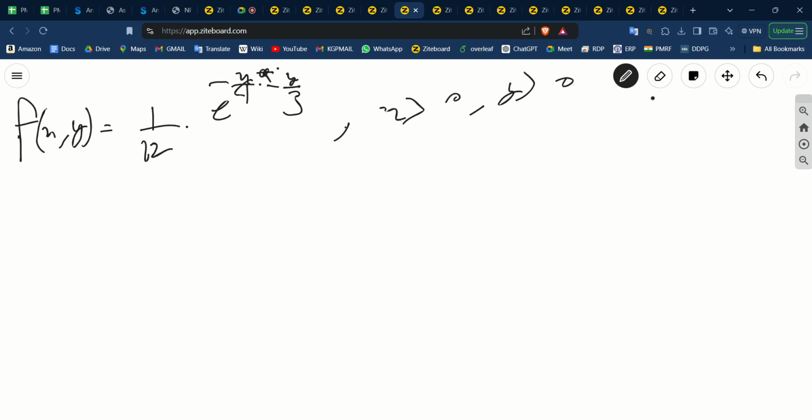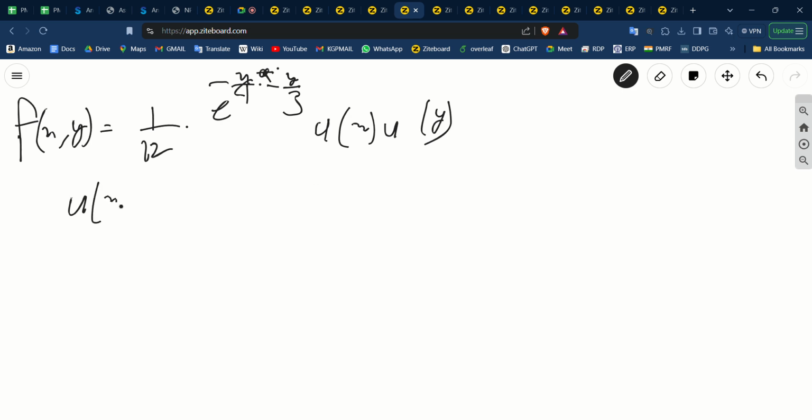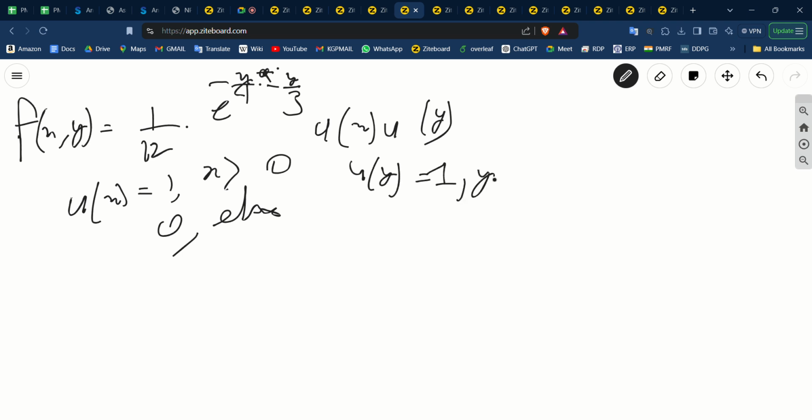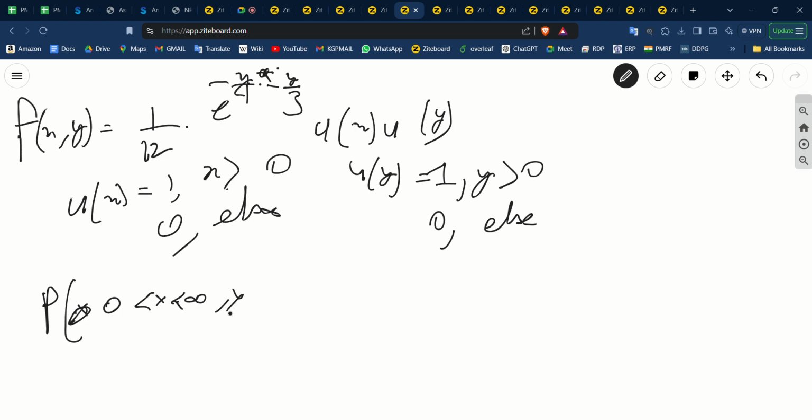So here instead of x greater than 0, y greater than 0, let's write like how they have written u(x), u(y). u(x) equals 1 if x is greater than 0, 0 else. Similarly, u(y) equals 1 if y is greater than 0, 0 else. Now, x is 0 to infinity, so x occupies the whole range, and y less than -2.